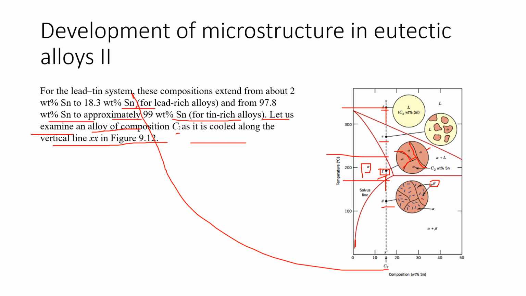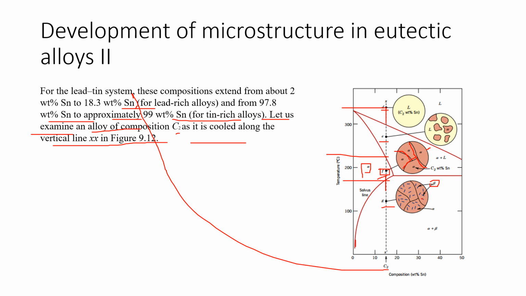Some small beta particles are indicated by the blue dashed lines within the alpha grains. With continuous cooling, these particles will grow in size because the mass fraction of beta phase increases slightly with decreasing temperature.